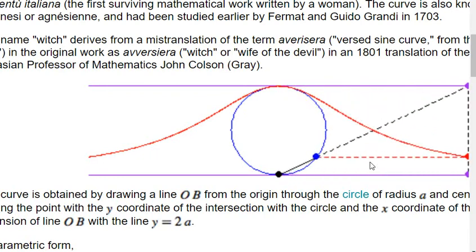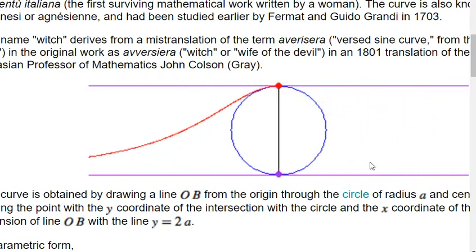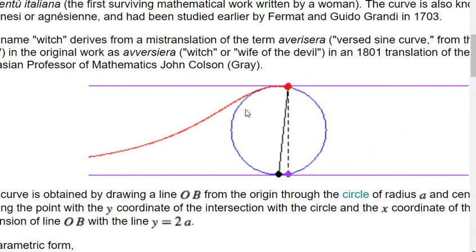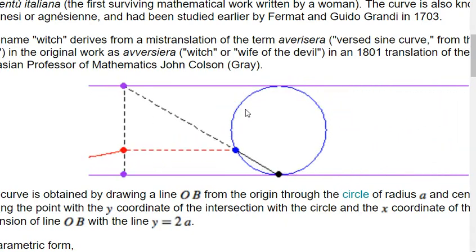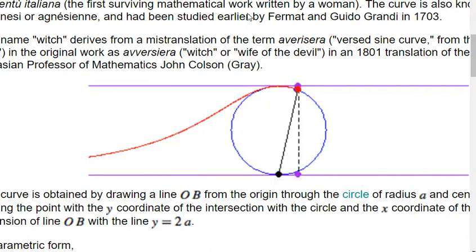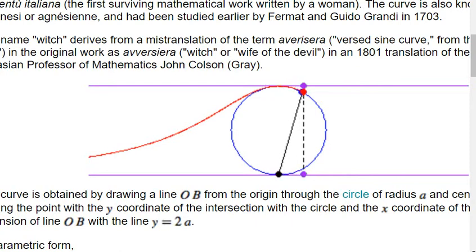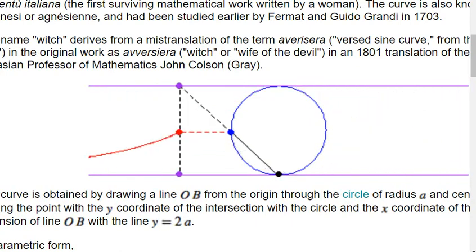So, anyways, the term witch in this doesn't reflect that it was a woman. It was actually a mistranslation of her work, and her work is some of the earliest surviving work by a female mathematician. So, anyways, a little historical note there for you.